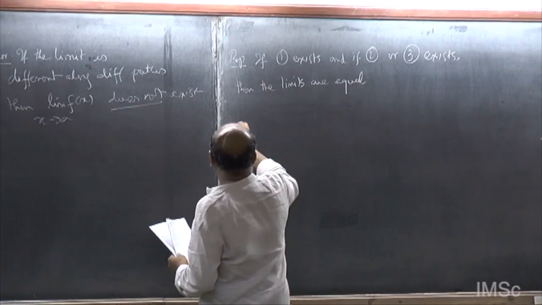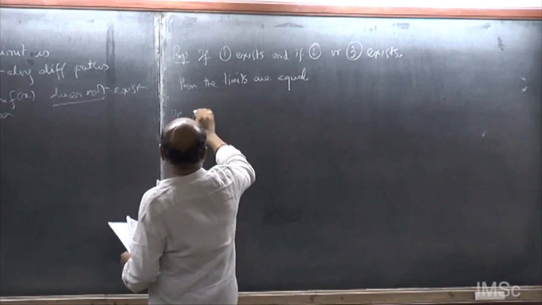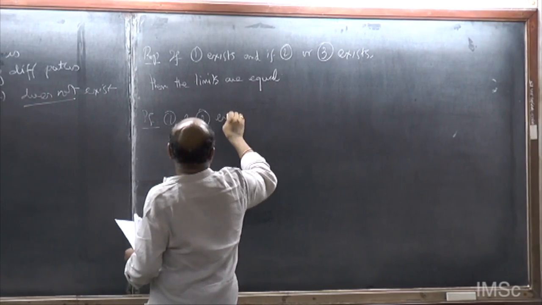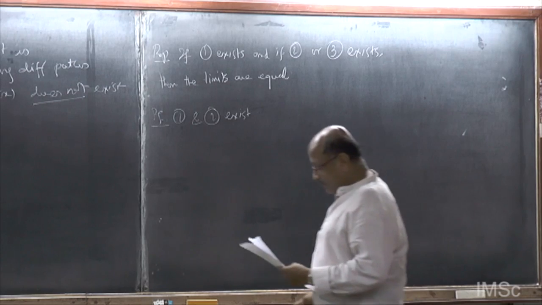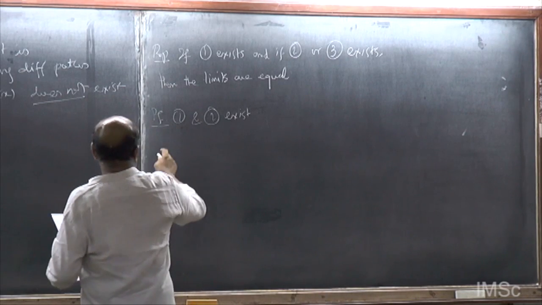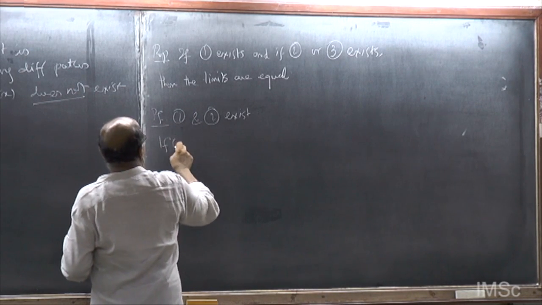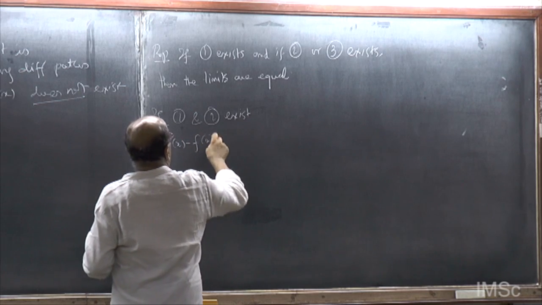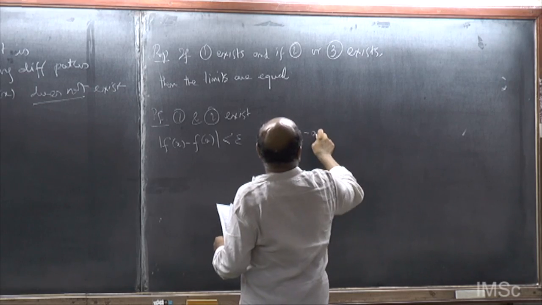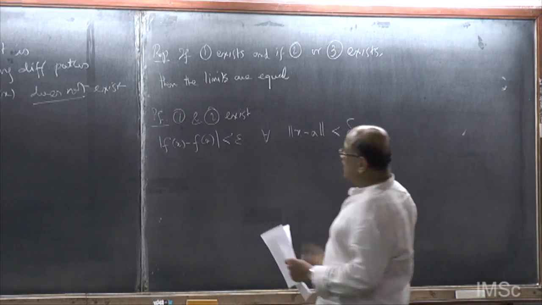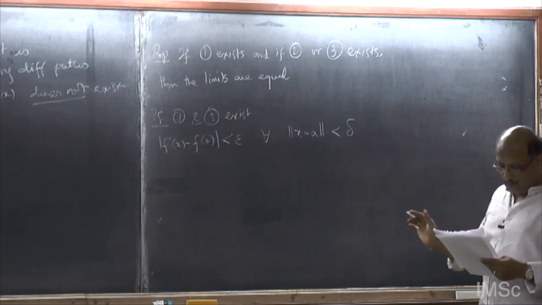So, let us say 1 and 2 exist. The proof of the other case will be very similar. You have that mod f of x minus f of a is less than epsilon for all x with norm x minus a less than delta. This we know.